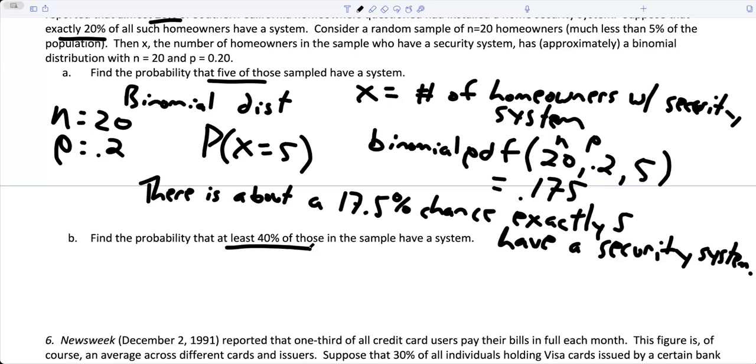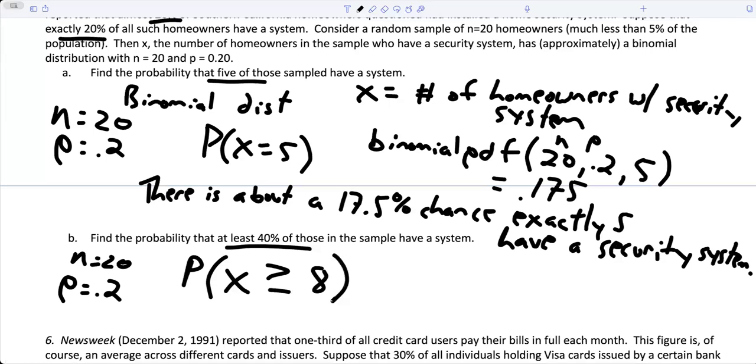So in this one, we still have n equals 20, p equals 0.2, and I want to find the probability that x is what? Okay, and how do we get 8? It's 40% of the total. 40% of 20 is 8. And it says at least 40%, so here it's going to be greater than or equal to 8.